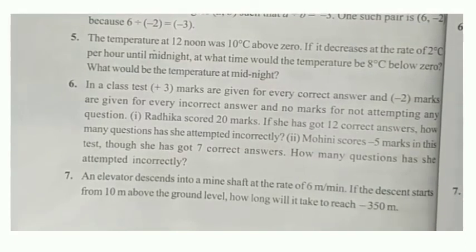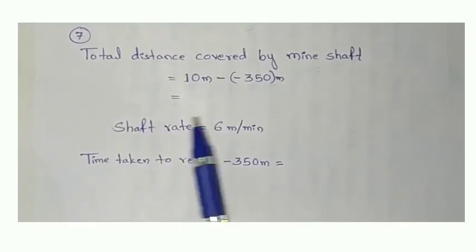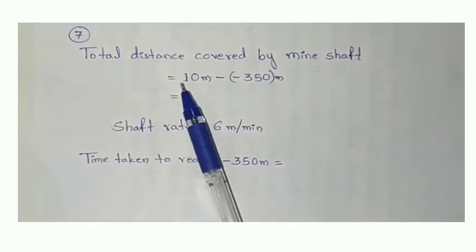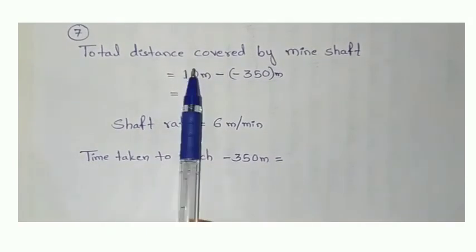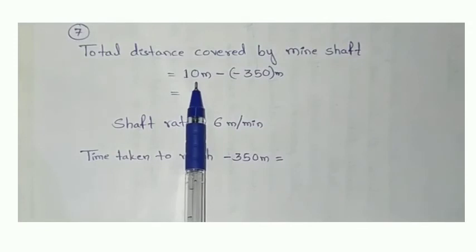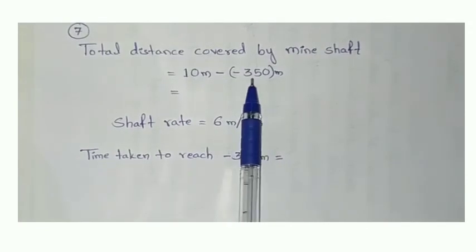Let's write the given points first. Here they given from the ground level above, the 10 meter, to the depth of 350 meters.